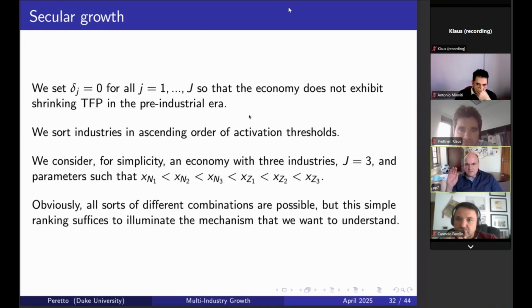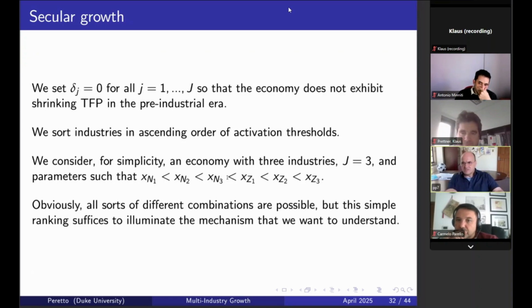All right, so now we're going to have an economy where every industry is in the pre-industrial state. But because of the heterogeneity in the activation thresholds, I can construct a very large number of examples. So let's go with a very simple one, a three industries economy with thresholds ranked this way.